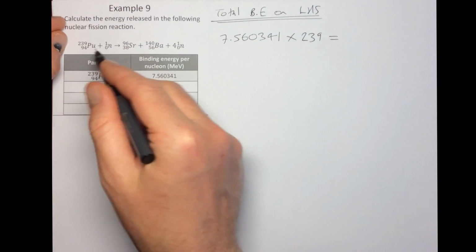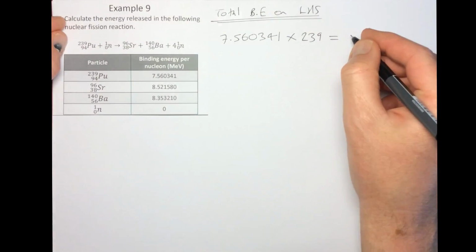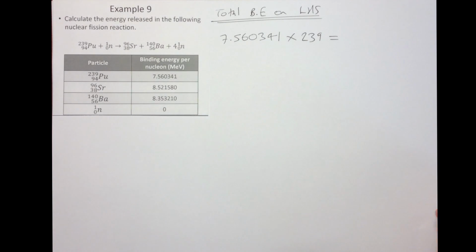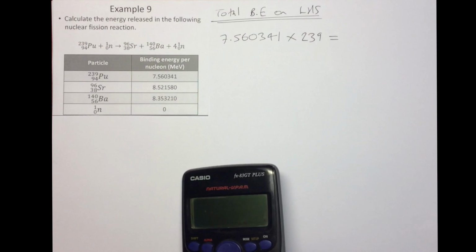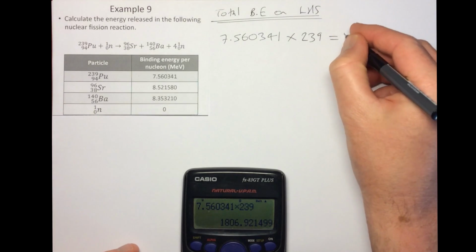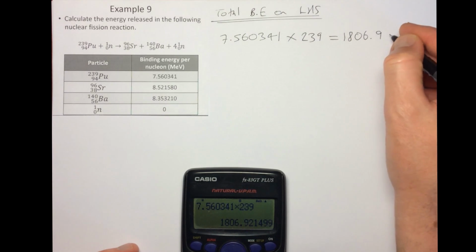If we were doing this in terms of mass, we would need to worry about the mass of the neutron, but not its binding energy, okay, because it doesn't have any. So 7.560341, and we're going to multiply that by 239. So let's work that out. 7.560341 multiplied by 239 gives us 1806.9.